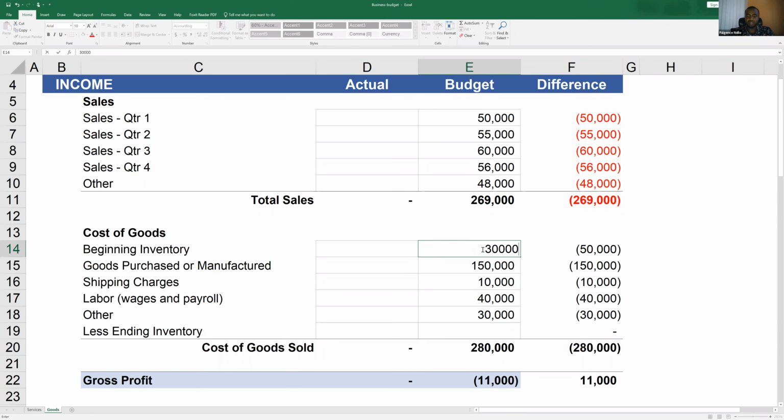We can reduce this one to 30 and this one to 100. All right. So this one, you can put it at 50. Then we have less ending inventory. So remember we had this beginning inventory, then we purchased, so we have 150. So what are we remaining with? Maybe we're remaining with 20,000 inventory. You can say 40. Yeah, we can say 40.